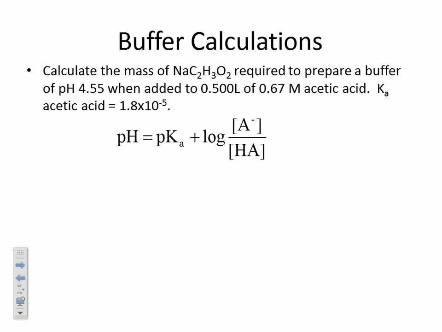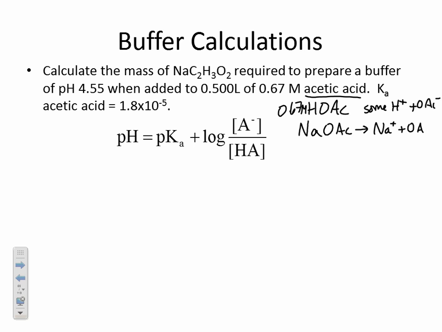Well, we have acetic acid, HOAc, and we know we have 0.67 molar of it. We're going to get some H plus and acetate ion off of that. And then it's asking us about sodium acetate, which will completely dissociate into Na plus and OAc minus.